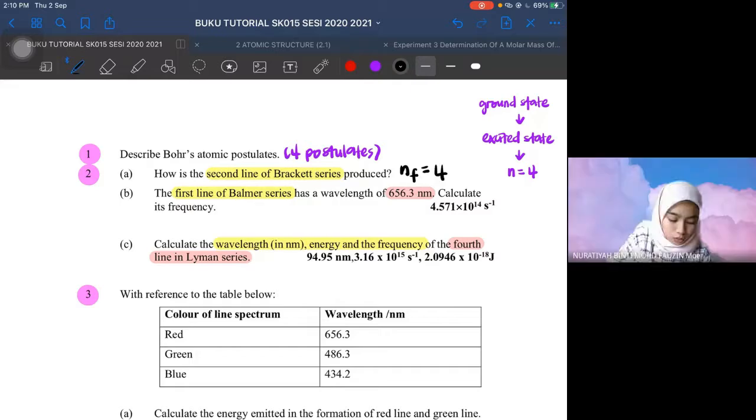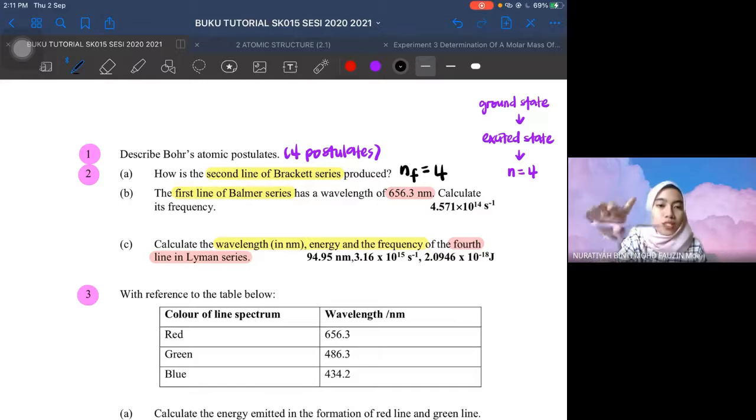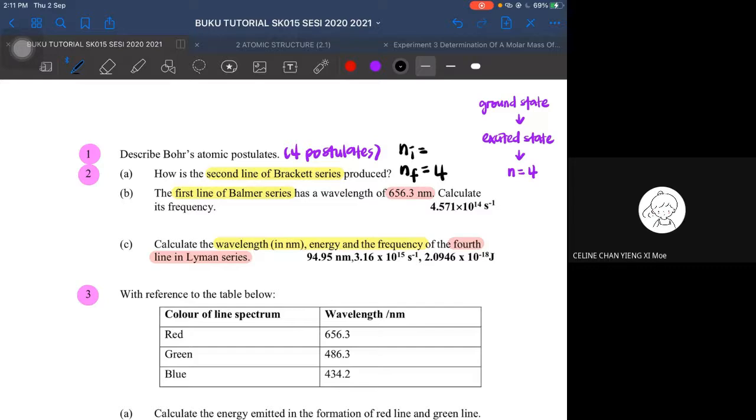Okay, so n equals 4. If it is the first line, it has to fall from which level to level 4? 5. Okay, level 5. So that means for the second line, the initial n is 6. Okay.